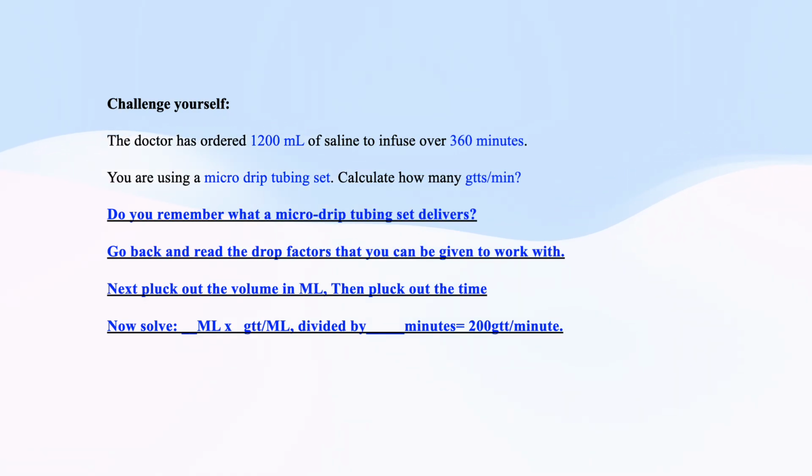And always make sure you bring the units that are being requested. If it's drops per minute, you must bring it next to the answer, otherwise they can't read your mind and they will mark you wrong. Okay? Going once, twice.